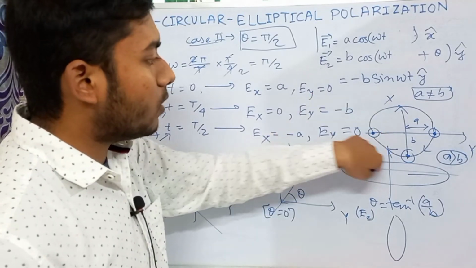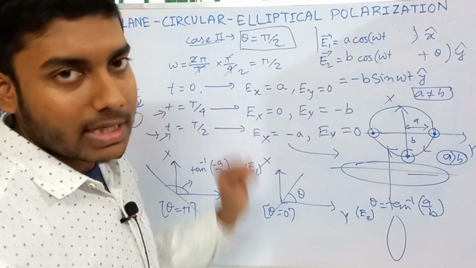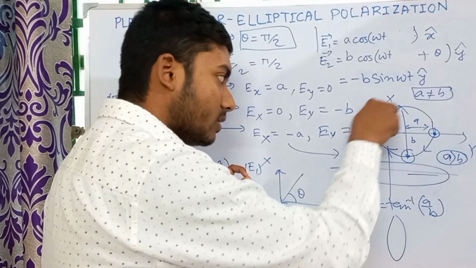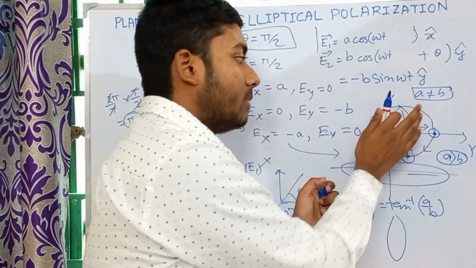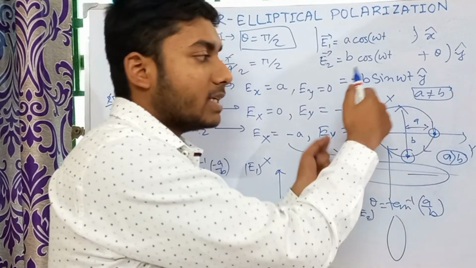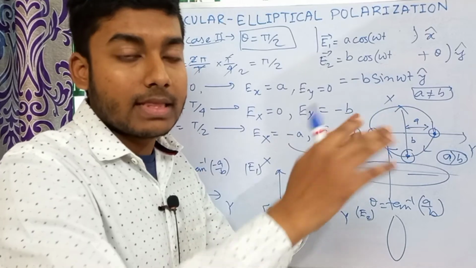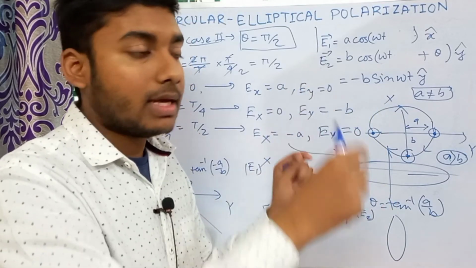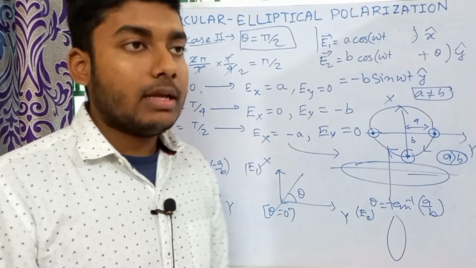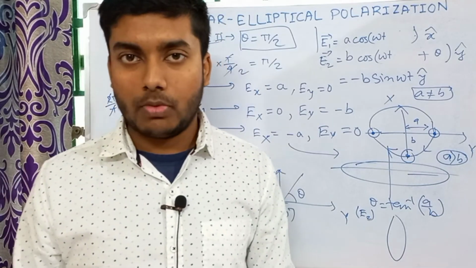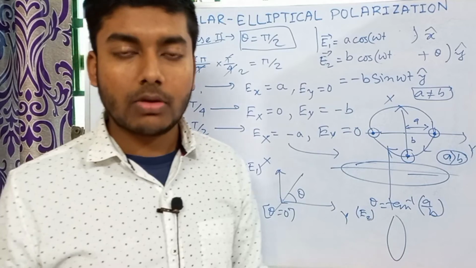So this type of polarization, when this is moving in clockwise direction as seen by the observer, is called the right circular polarization, using the optical convention.